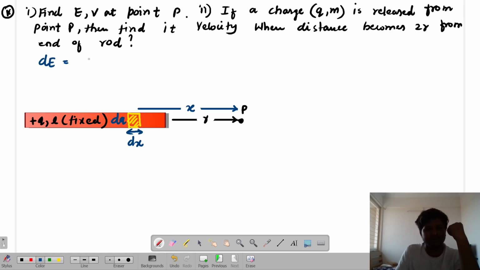That small electric field will be k dq by x square, isn't it?